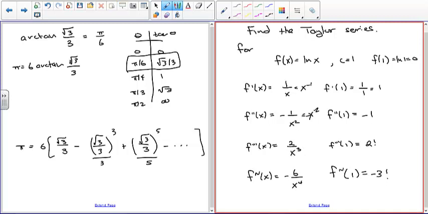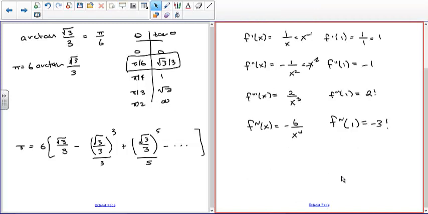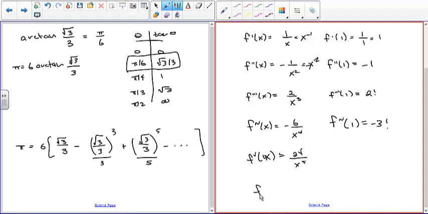And then you get the next term. At this point, you can see the pattern that emerges. You take 4 times 6, but the negative sign would change to positive, so you'd have 24 over x to the 5th, and the next derivative would be 5 times 24, which is 120. You get a negative sign over x to the 5th.